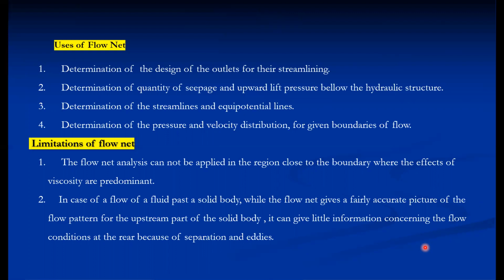In the case of flow of fluid past a solid boundary, while the flow net gives a fairly accurate picture of the flow pattern for the upstream part of the solid boundary, it can give little information concerning the flow conditions near the rear because of separation and eddies. So in cases where the flow is affected by viscosity, it gives a little error. It is generally applicable for potential flow, that is irrotational flow. For irrotational flow only, this particular concept is valid.